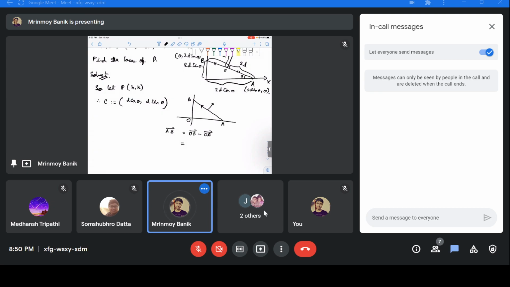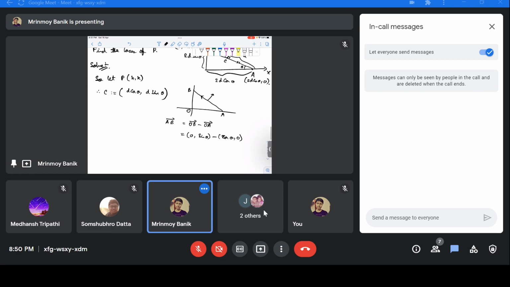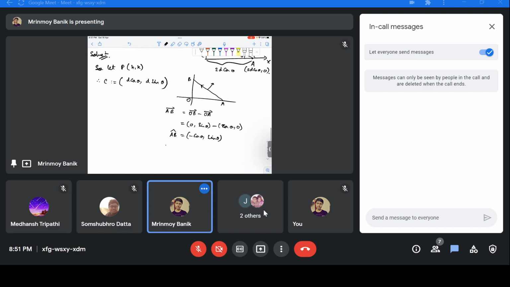The positional vector of B, as we found, is 0 sine theta. We only need the normal vector, so we can let go of the 2d. Then cos theta and 0. So minus cos theta sine theta. That is also a unit vector. So the unit vector along AB is this one.